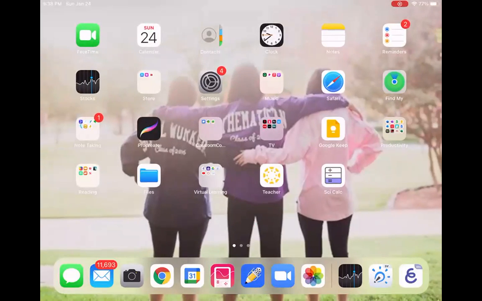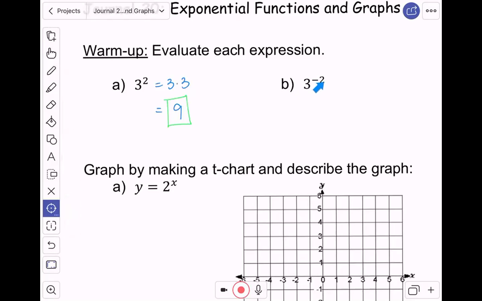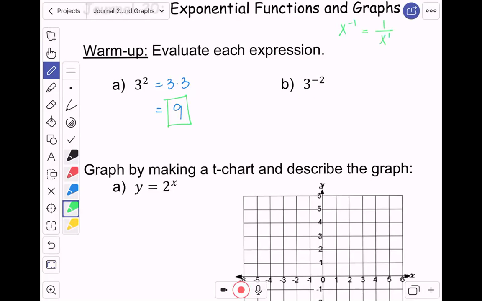All right, so back to that other problem here. So this is 3 to the negative 2 power. You might remember in Algebra 2, anytime you have a negative exponent, let's use x to the negative 1 power, what happens is you need to make it positive. To make it positive, you put it in the denominator, and now it becomes a positive 1 exponent.